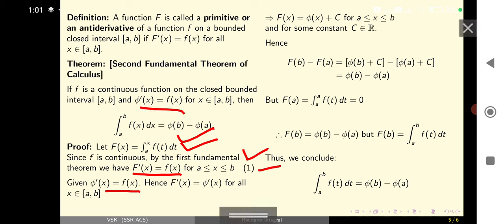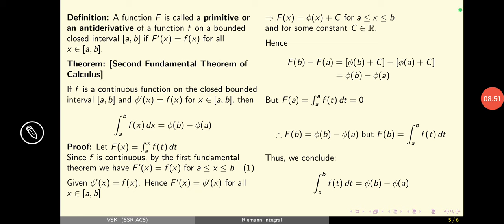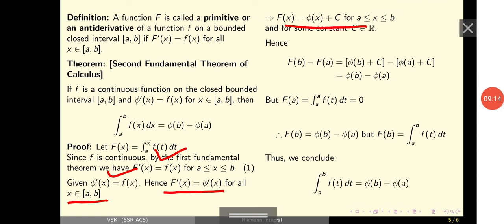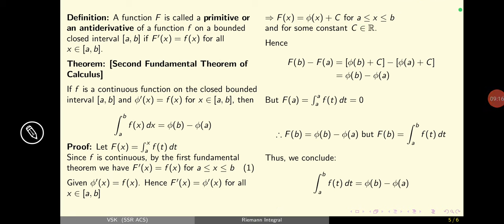Hence, from these two relations, we obtain that F'(x) is equal to phi'(x) for all x lying in the closed interval [a,b]. Because the derivatives of these two functions are equal, this implies that F(x) is nothing but phi(x) plus c for x between a and b, where c is any constant, a real number.